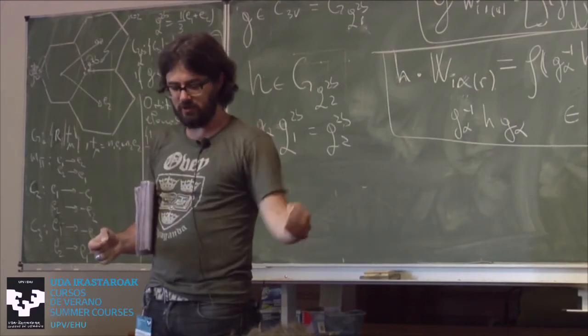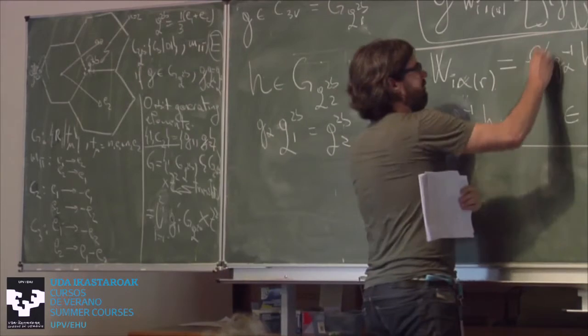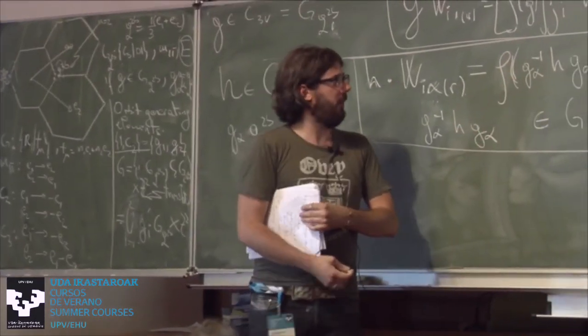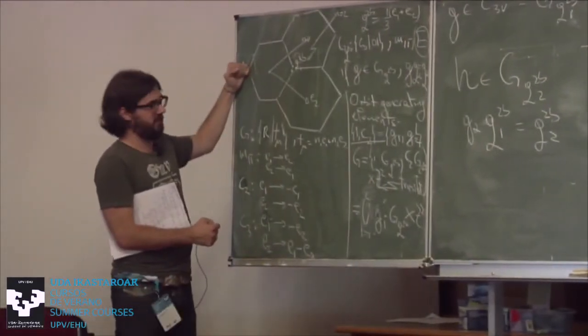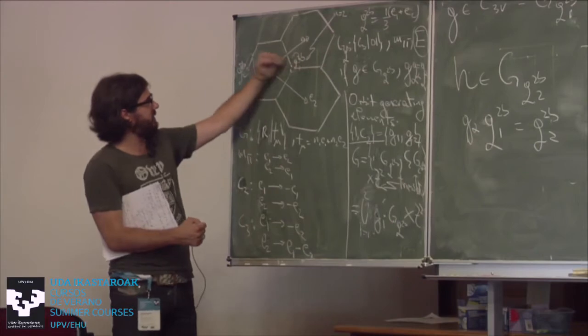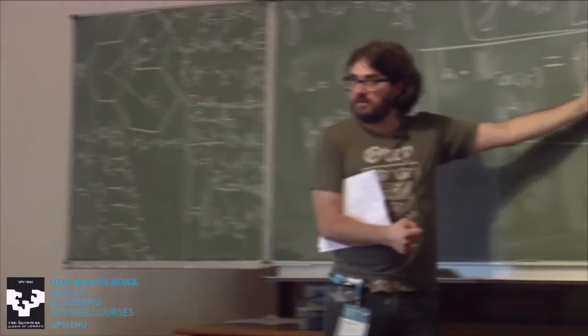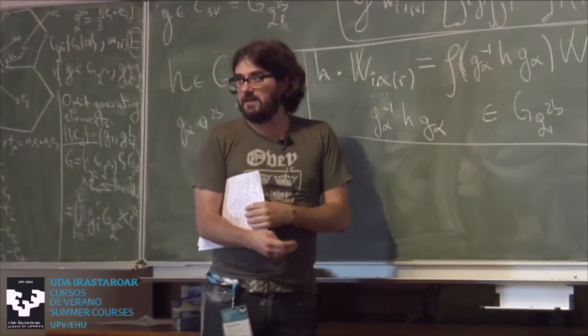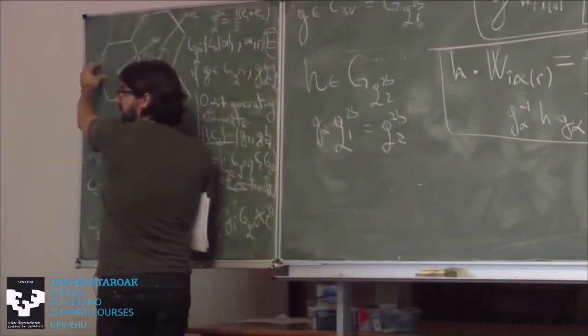You know the representation on this one. Then you look at the elements of this group and ask what the representation is, knowing this one and knowing the action that takes me from here to here. And these are the matrices. This is the representation. It's basically just rewriting this representation in the local frame of coordinates of this site.